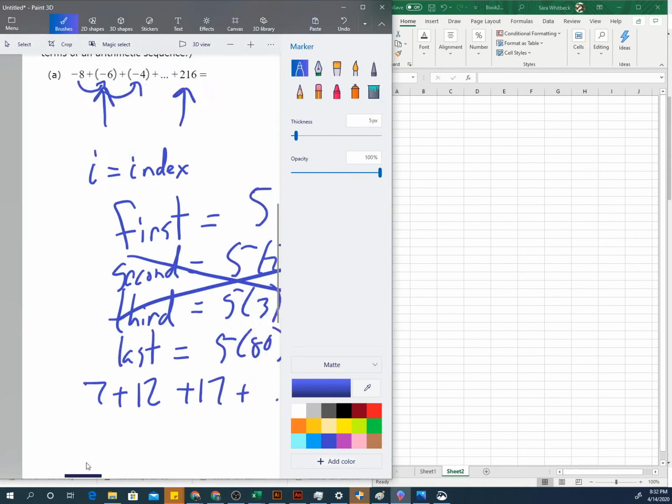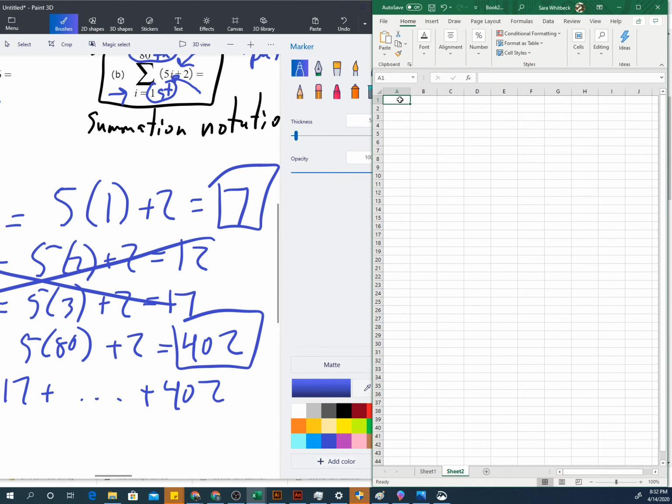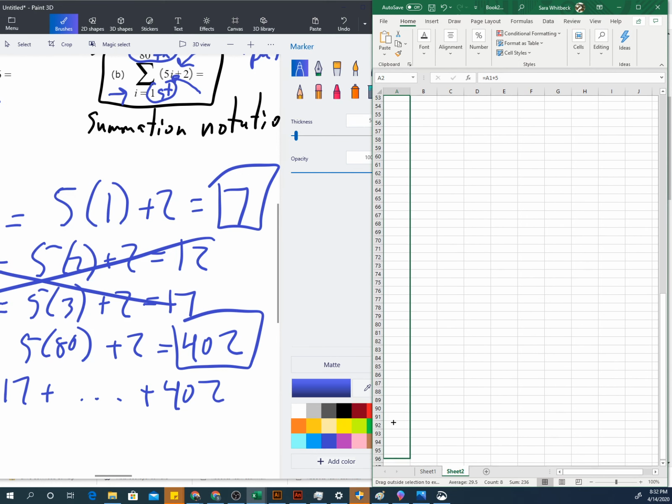I need to get my pattern started. I see that 7 was my first number, and then I added 5, and then I added 5, and then I kept adding 5. So I'm going to say equals my number above plus 5 and I get my pattern established. And then I want to go to the 80th term, so that means the 80th row.